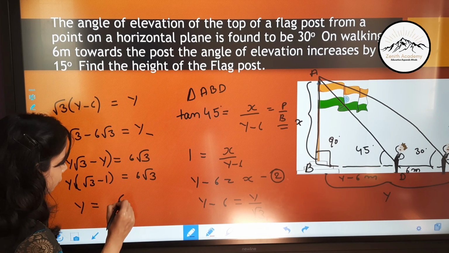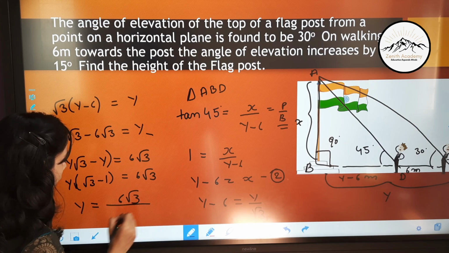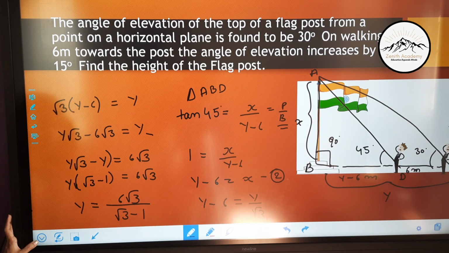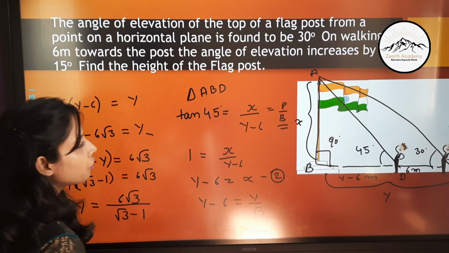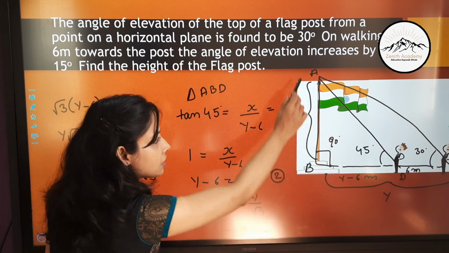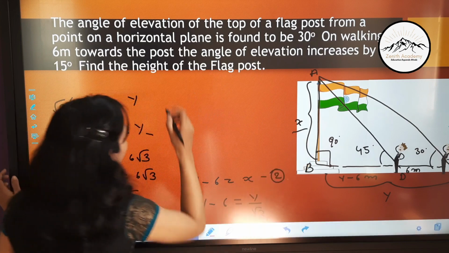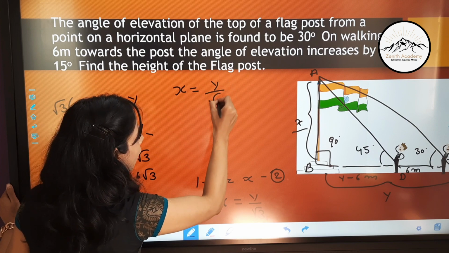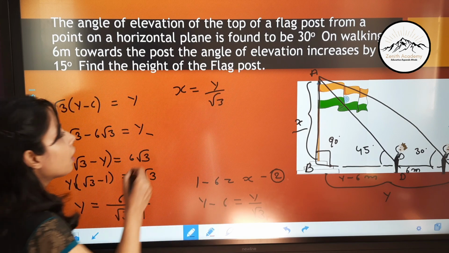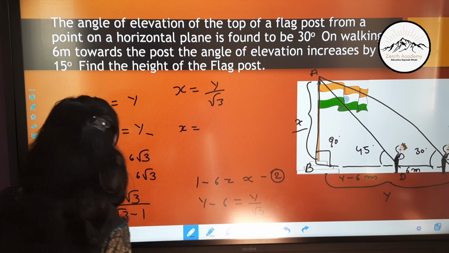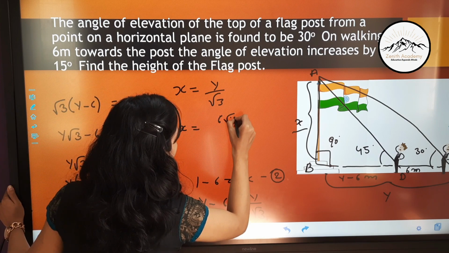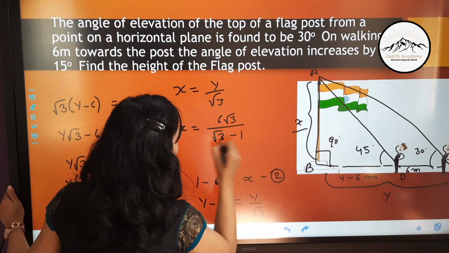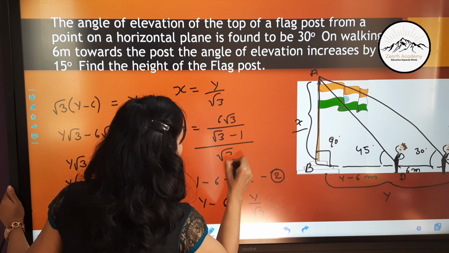Y is equal to 6 root 3 upon root 3 minus 1. Now what we need to find was the height of this flag post, that is x. Value of x was y by root 3 as in equation 1. So x is equal to 6 root 3 upon root 3 minus 1 divided by root 3.